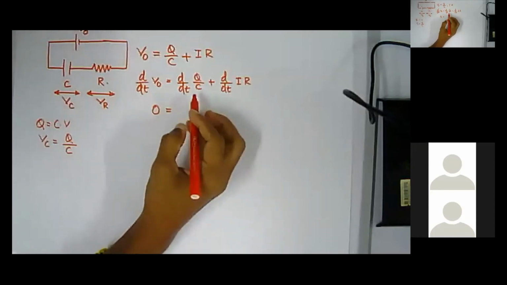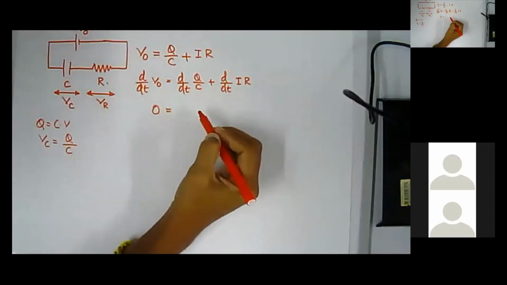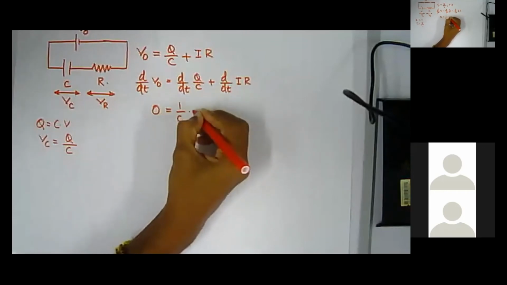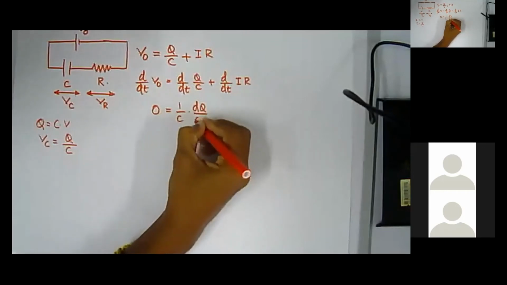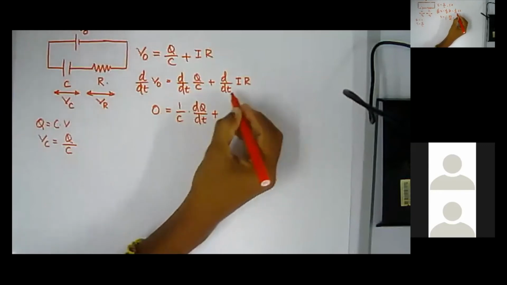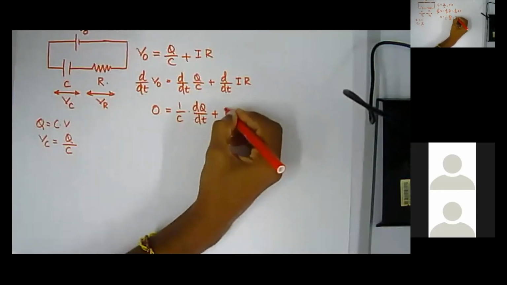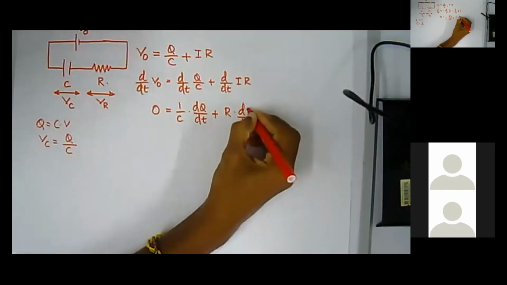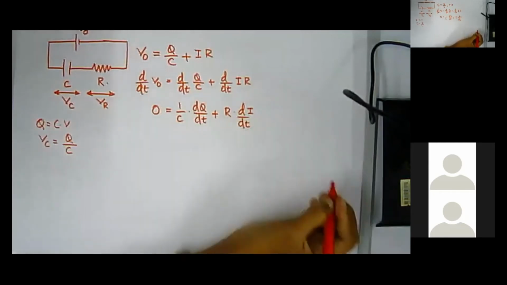Also 1 over C is a constant, so I can write 1 over C into dq by dt plus, again R is a constant, R into di by dt.